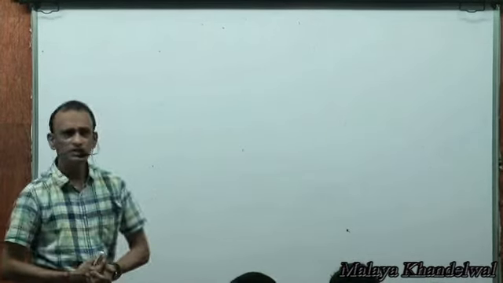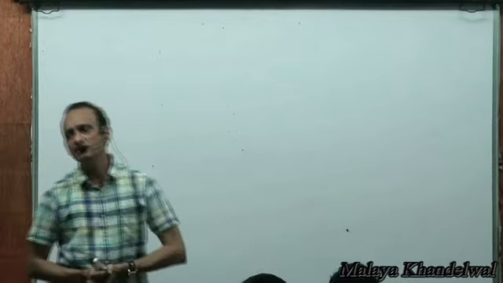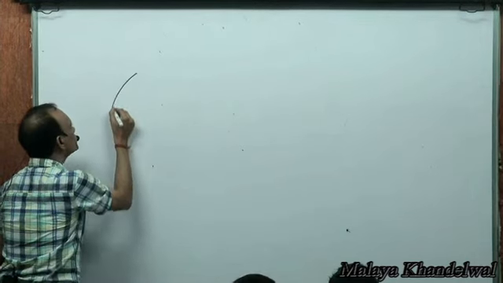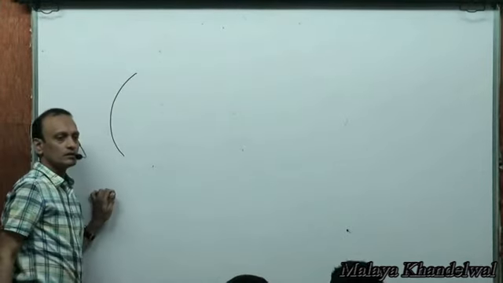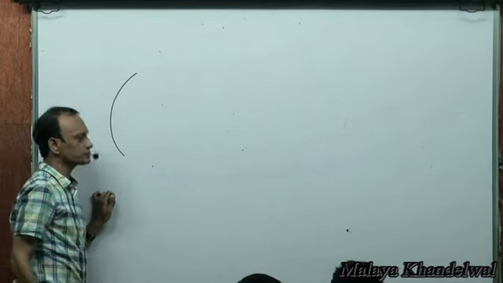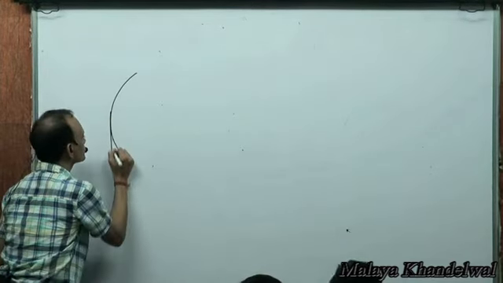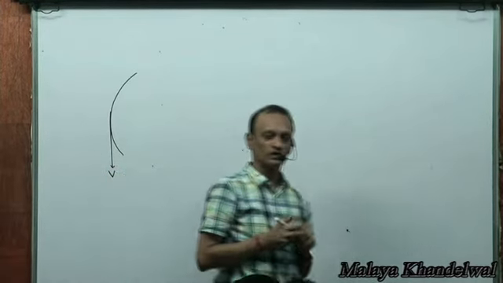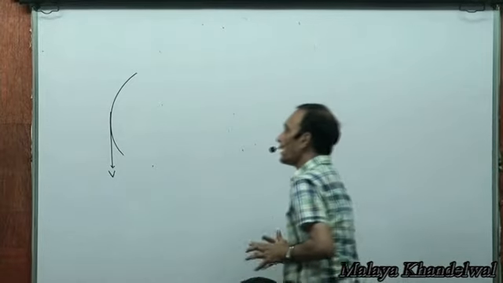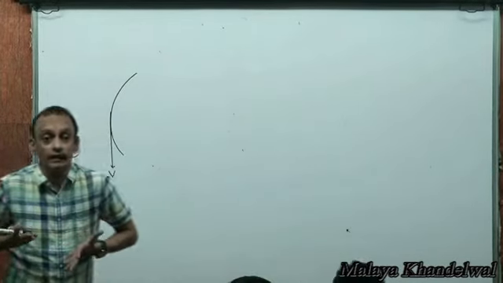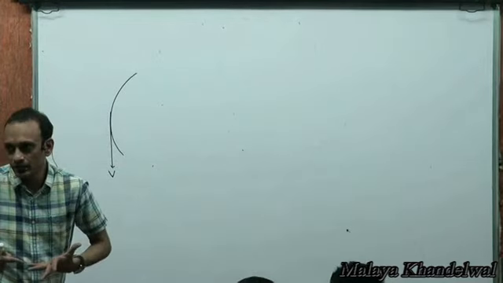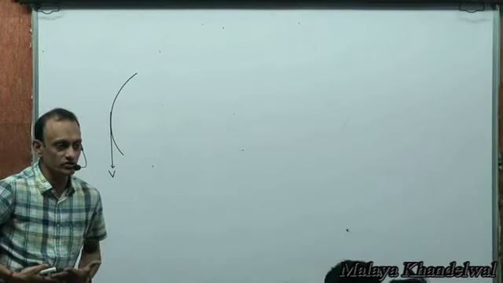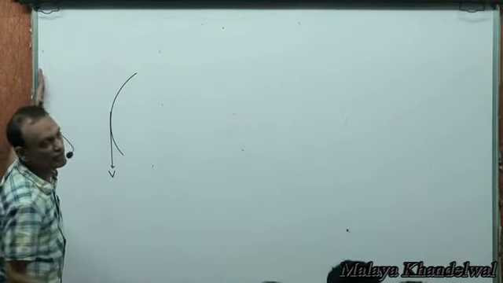Typically, in a very simplistic, naive fashion, if you are trying to undergo a circular trajectory with a velocity v, and you are not aided by anything to execute this circular trajectory, you would move radially outwards.